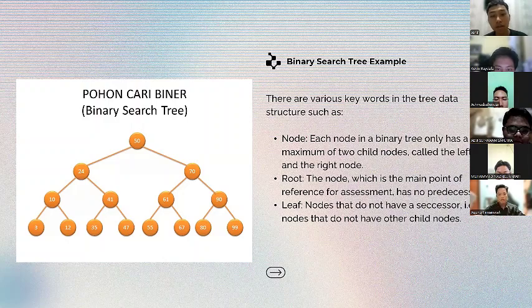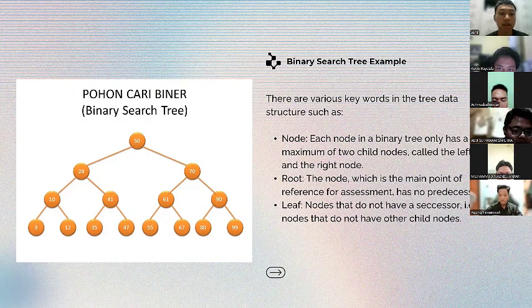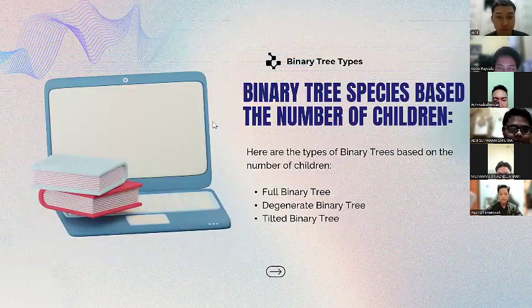Leaf: node that does not have a successor. Node that does not have other child nodes. And on the left, there's a picture of binary search tree.